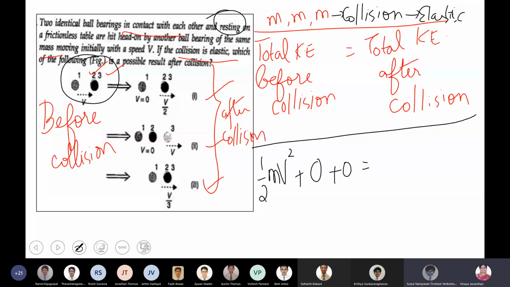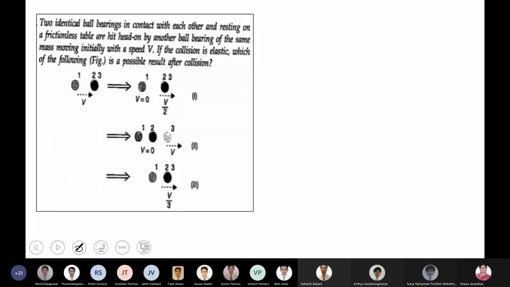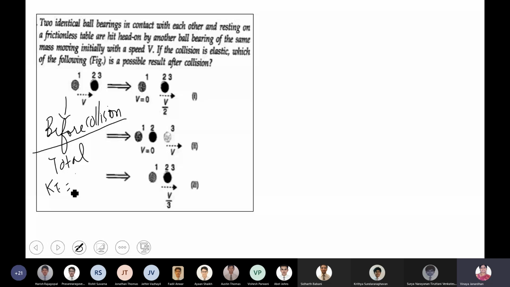Ma'am, half m v squared. So before collision, the total kinetic energy is equal to half m v squared. Do others understand, boys?